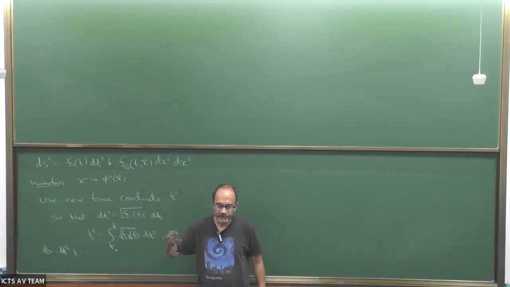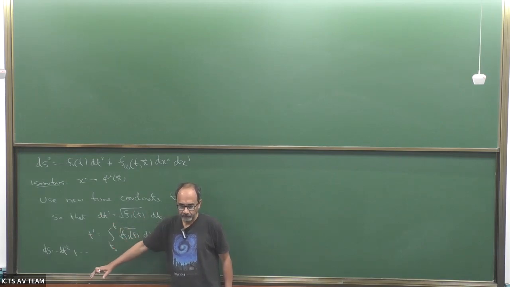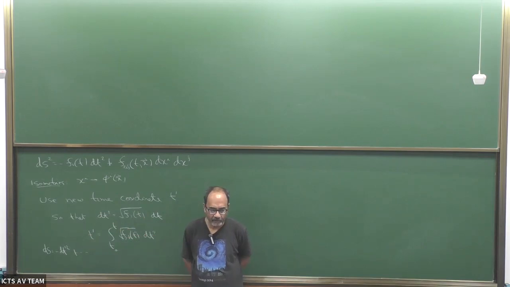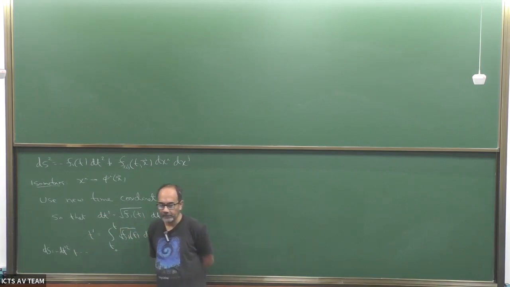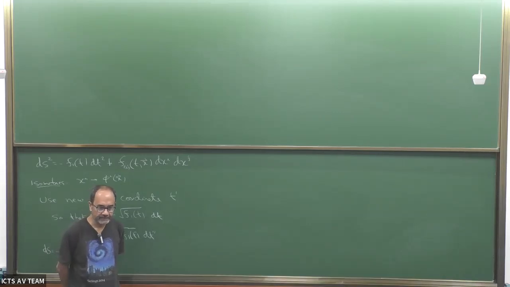Constant t and constant t' are the same, because t' is only a function of t. If it involved x, then there would be a problem. But because t' is a function of t only, if t is fixed then t' is also fixed. So the constant t slices get mapped to constant t' slices. So the notion of homogeneity and isotropy that we have been using also holds for constant t' slices. Is that clear?